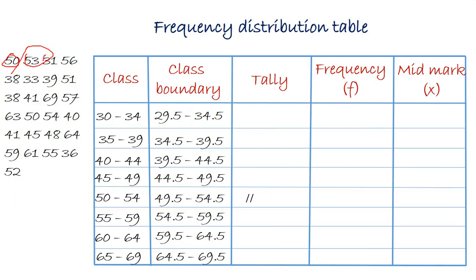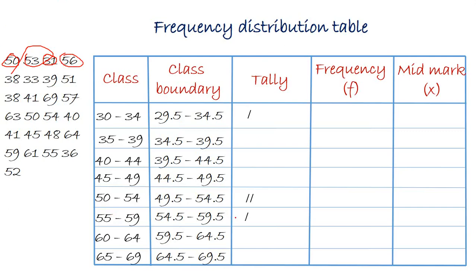And then the next is 31. So you can circle it or you can cross it out. And 31 is going to be in the class of 30 to 34. And then the next is 56. 56 is in the class of 55 to 59. So we shall put the tally there.